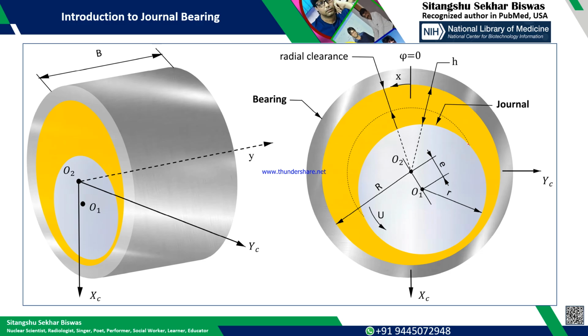See, due to the viscosity of the lubricant, the liquid which is just along the circumference or the periphery of this journal will have the higher velocity.